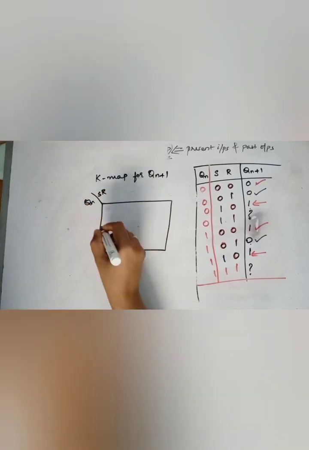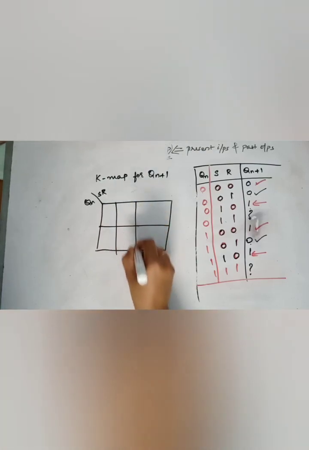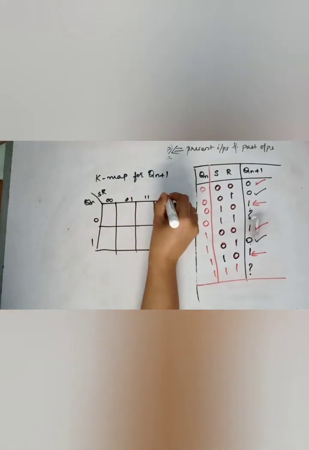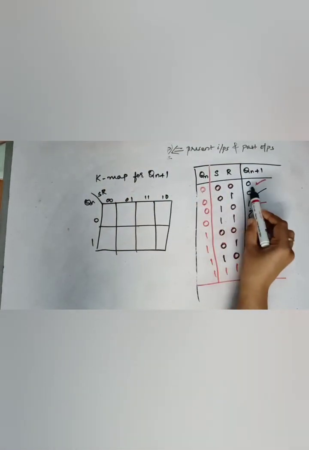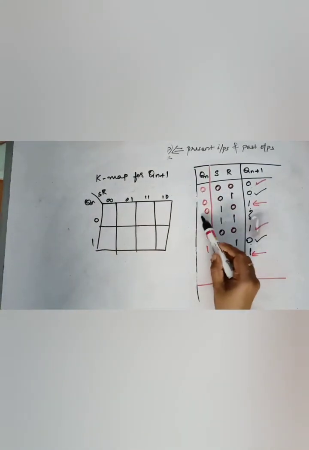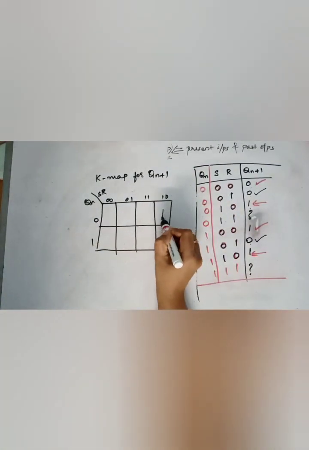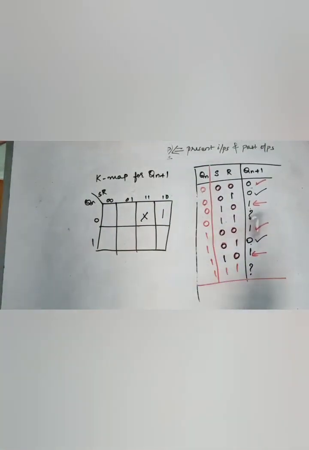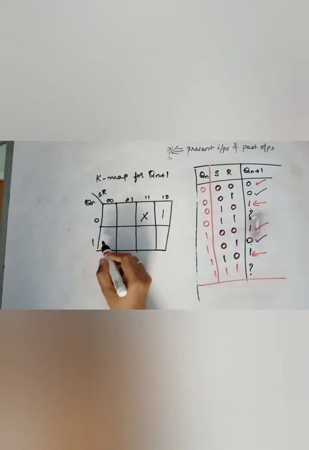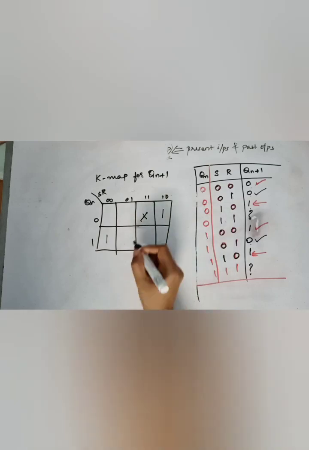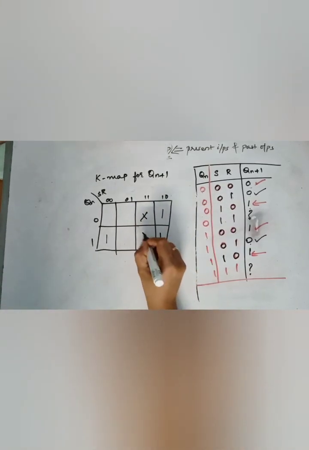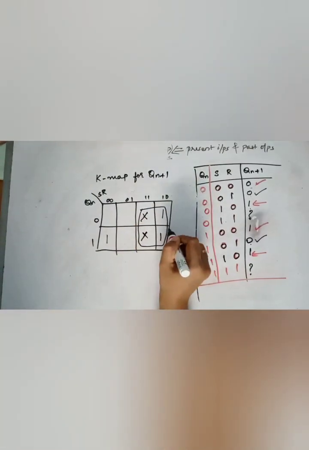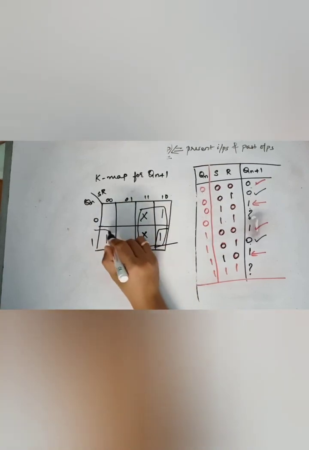Qn SR. So 0 0 0, it is 0, 0 0 1, it is 0, 0 1 0, it is 1, 0 1 1, it is don't care, 1 0 0, it is 1, 1 0 1, it is 0, 1 1 0, it is 1, 1 1 1, it is don't care. So it is like this and like this.